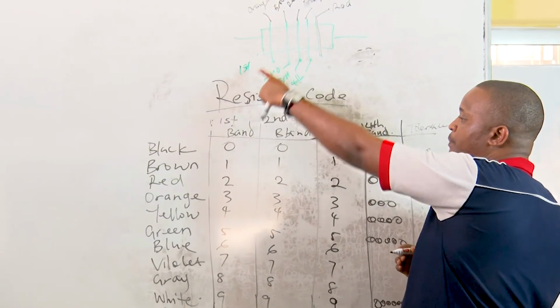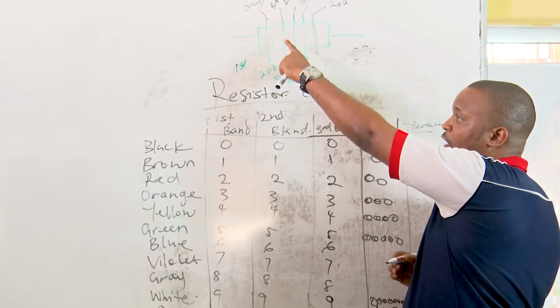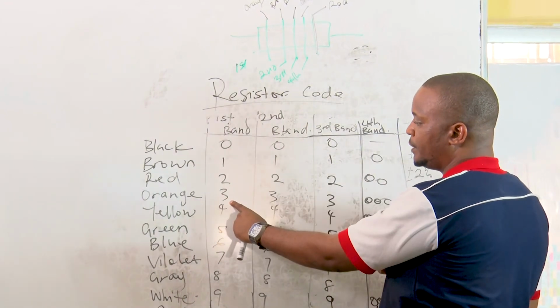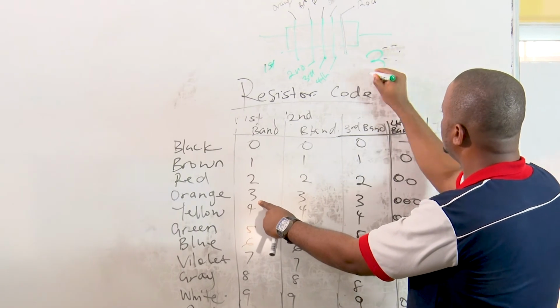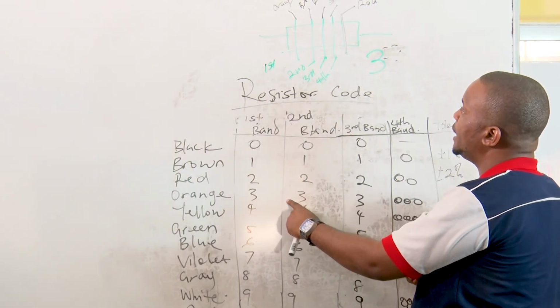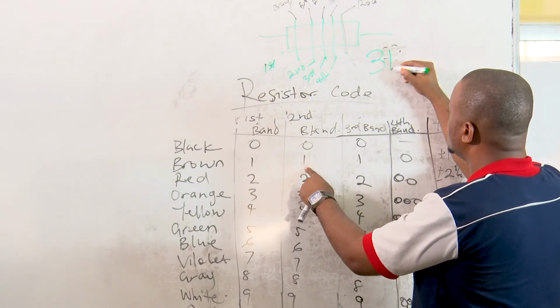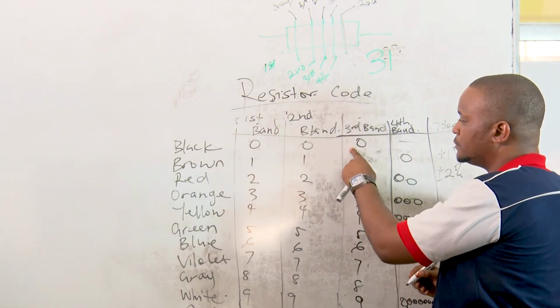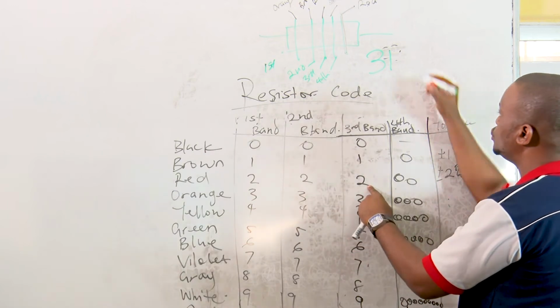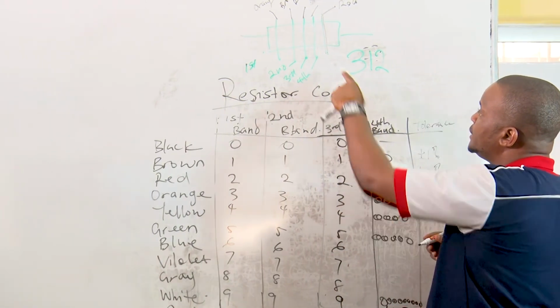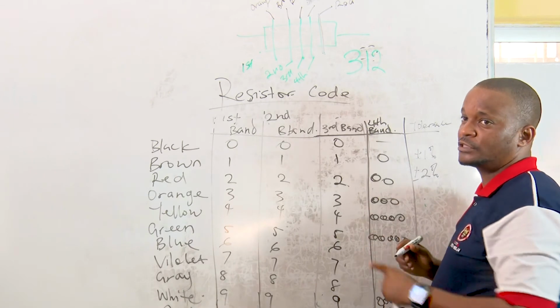Okay, so the first band, while looking on the column, you have orange. Orange is what number? Number 3. You write it. Second band, you look at the color, brown. That is what? 1. On your third band, red. Red is what? 2. You write 2. And then the fourth band is your multiplier.